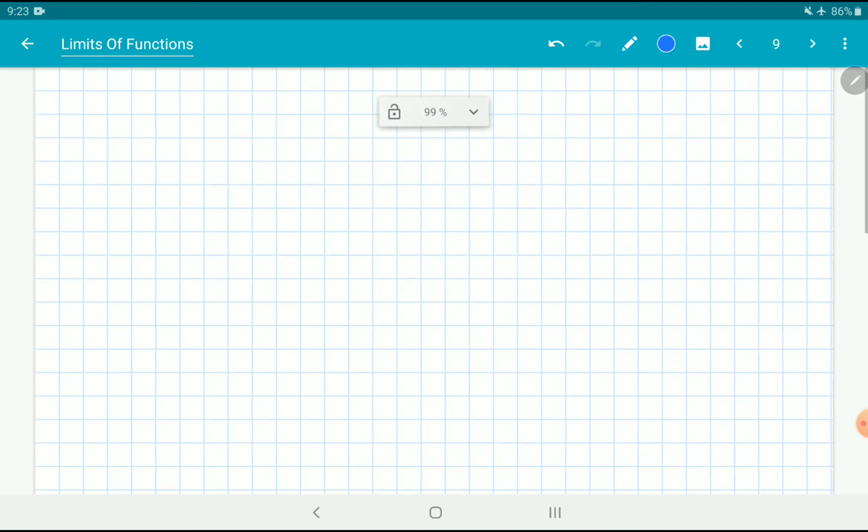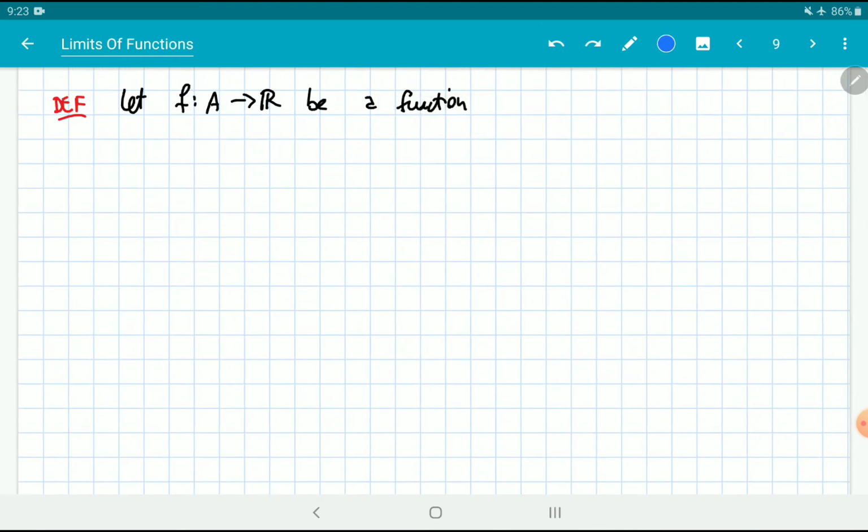Okay, and then let's now specify some particular restrictions. So take a function from A to R. Now fix x naught to be a real number. In this case, I'm not looking at infinity or negative infinity for x naught.